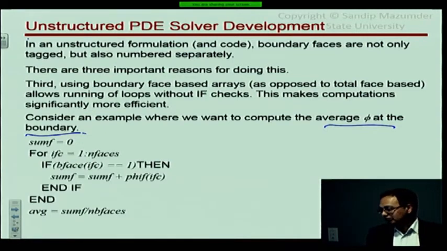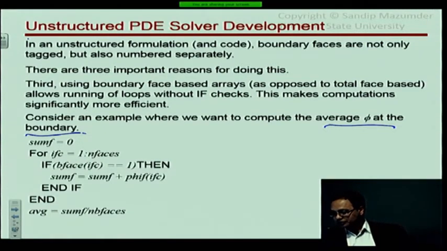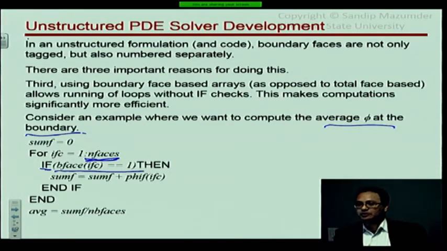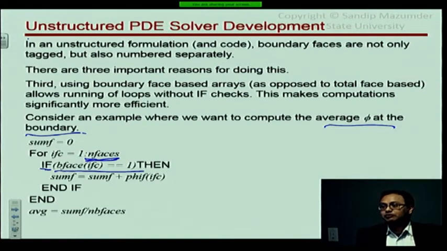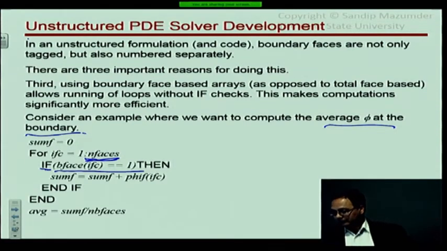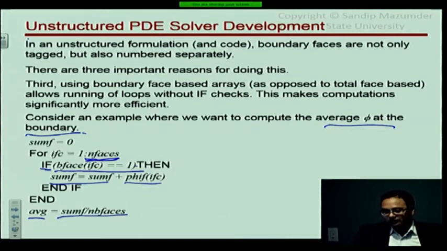If I use a total face-based data structure, which is what I don't want to do, then I would have an if statement here which says check to see if it's a boundary face or not before you add that value. Then if it's a boundary face, it adds it to the sum, and after all of that you calculate the average, the total sum divided by the number of faces.